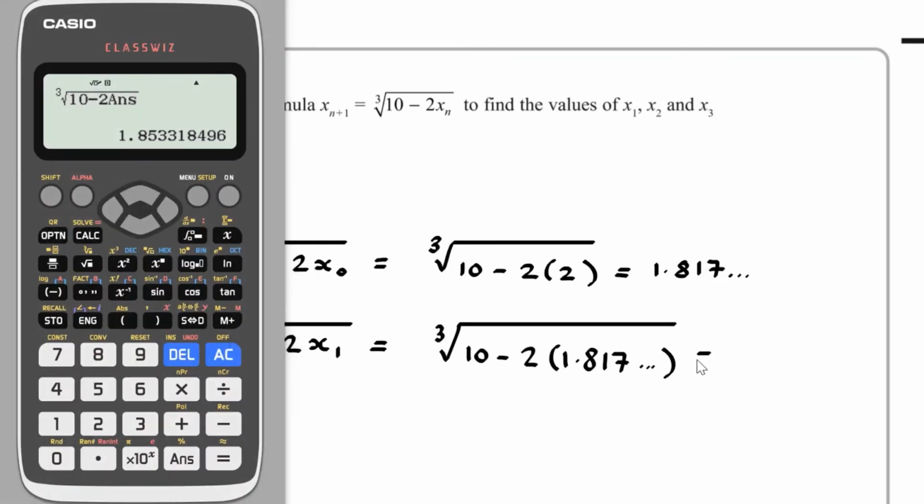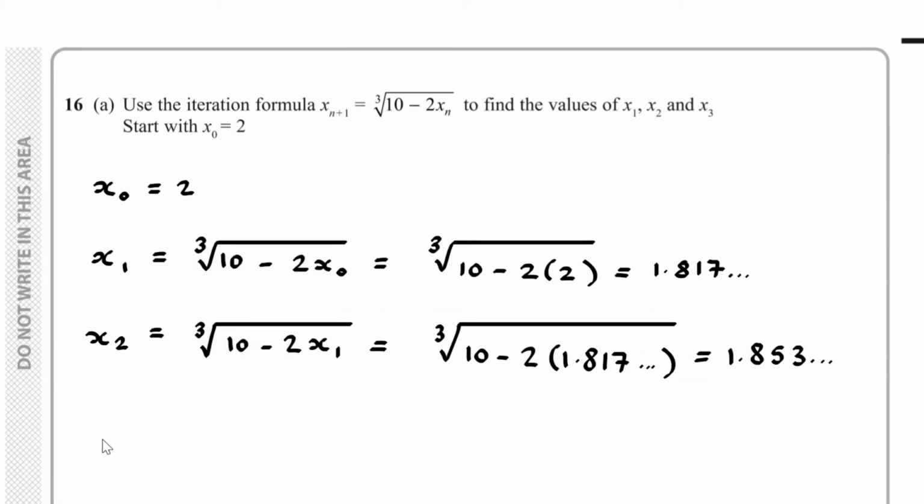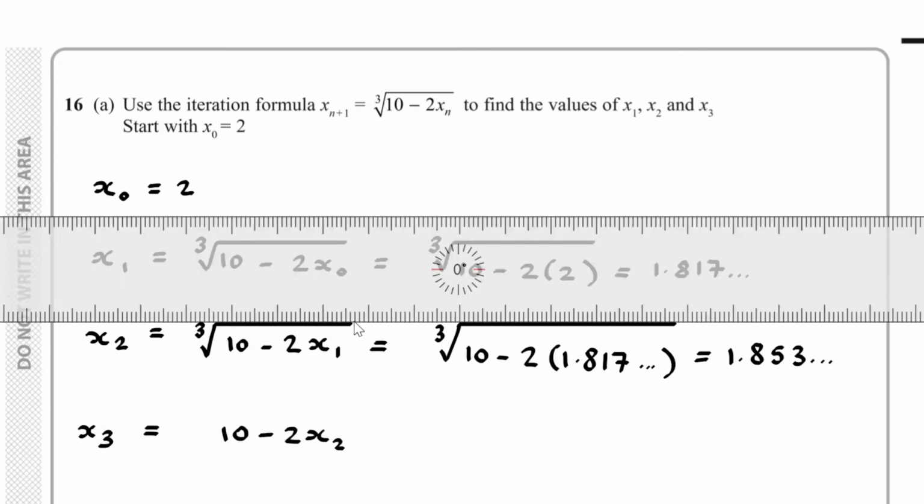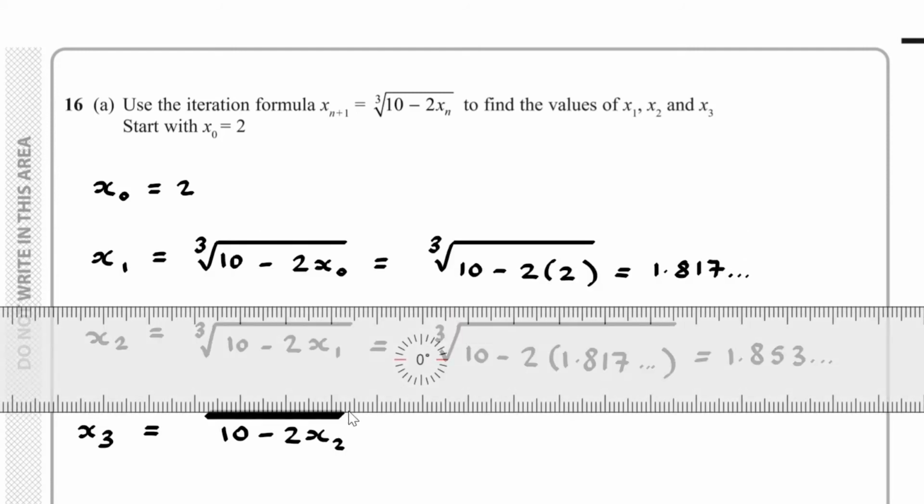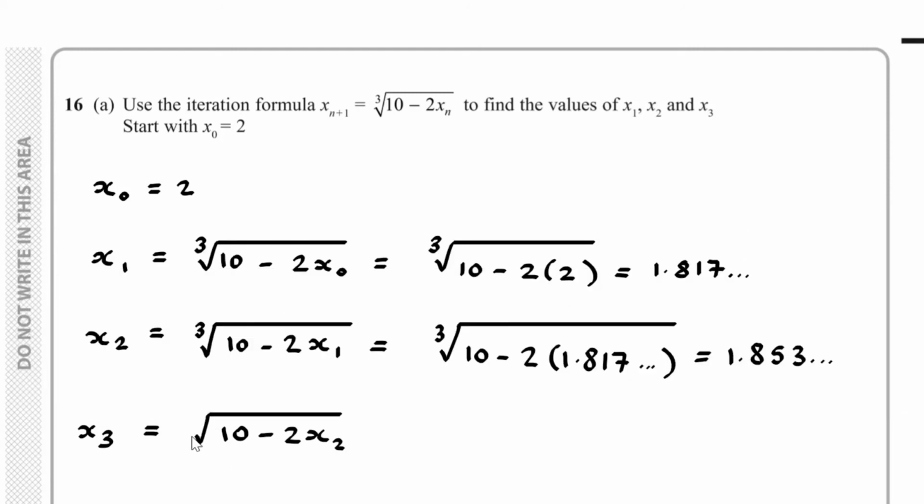So it turns out here I get 1.853, etc. And then x3, I've got 10 subtract 2 x2, and then this is cube rooted.